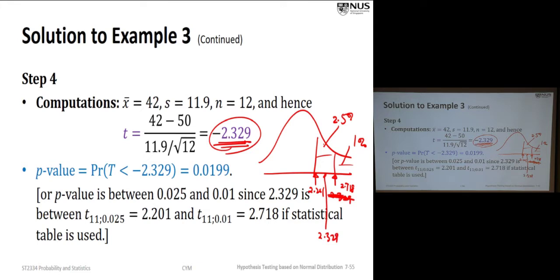Although I don't know the exact p-value, I know it has to be between 1% and 2.5%. So the area is bigger than 1% but less than 2.5%. So I can make the decision. Because the p-value is between 1% and 2.5%, it must be less than 5%, so I reject. I don't really care to get the exact p-value.